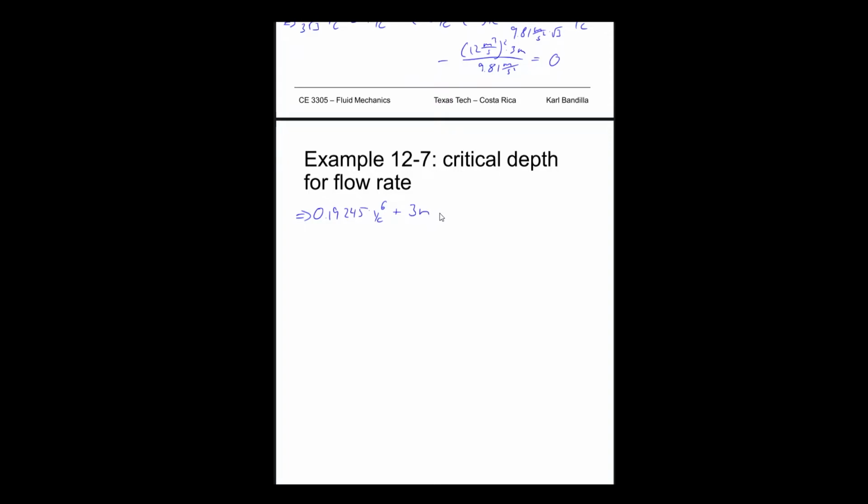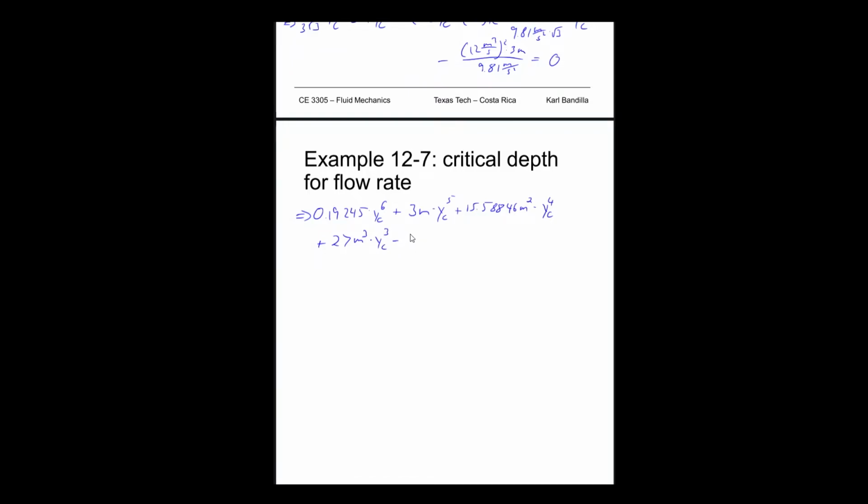3 meters times yc to the 5th plus 15.588 times 0.46 meters squared times yc to the fourth plus 27 meters cubed times yc to the third.